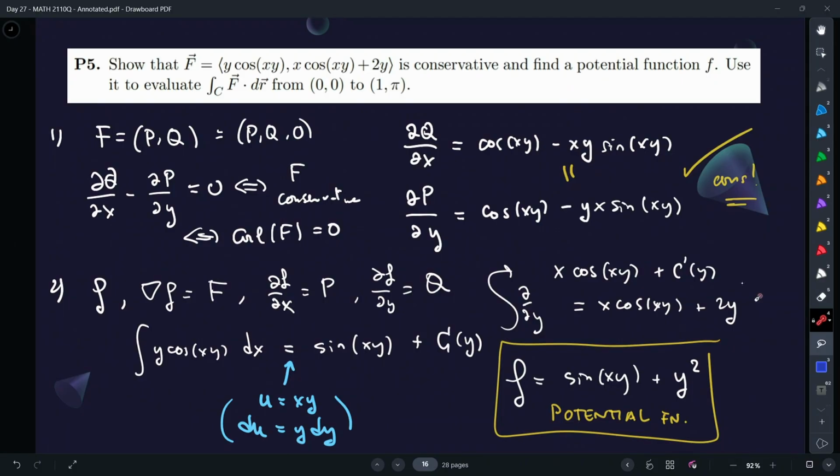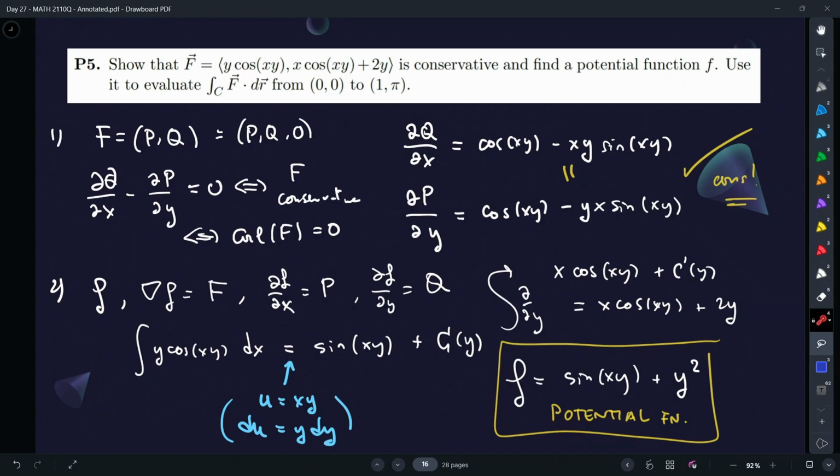So now you take whatever is in here and integrate with respect to y, and you get a new function that is in y and z, and then take the derivative with respect to z of that one, and that has to match the third coordinate.